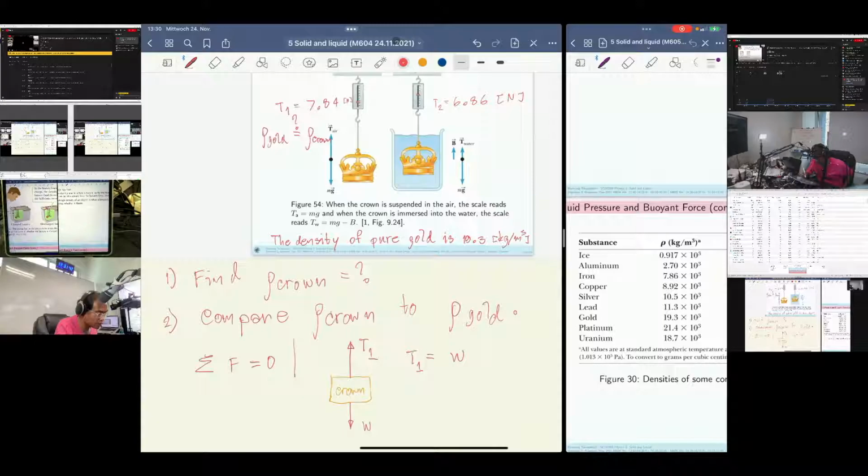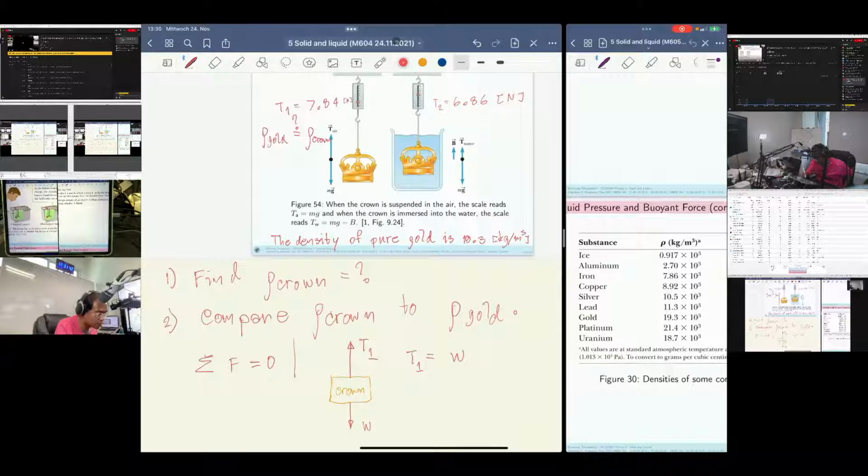And if you want to find the mass of the crown, the mass of the crown is going to be the weight of the crown divided by g, the gravitational acceleration, right? If you put it into the calculator, you would get the mass of the crown. M instead of W. M, right?